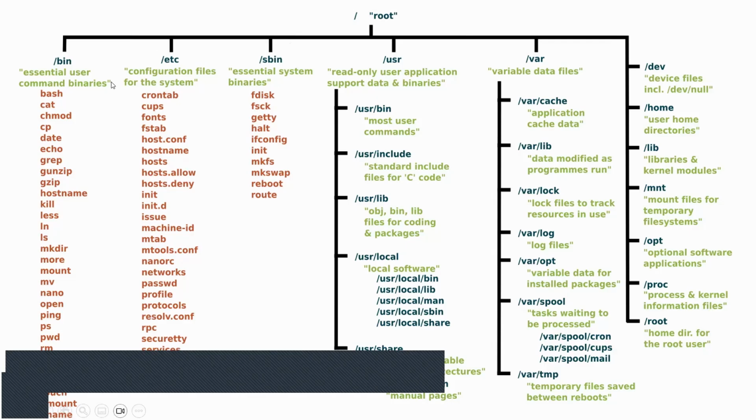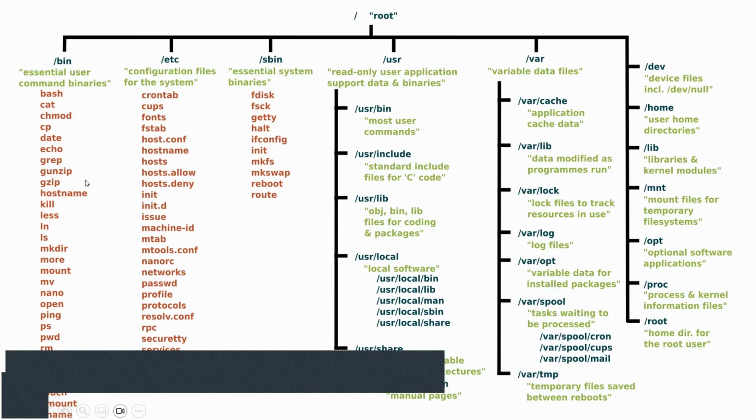So slash bin is actually holding the essential commands that we use, like ls as list, then cp copy command, grep command, cat command, mv command, nano command, mkdir make directory, right?